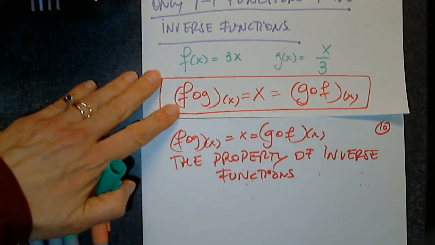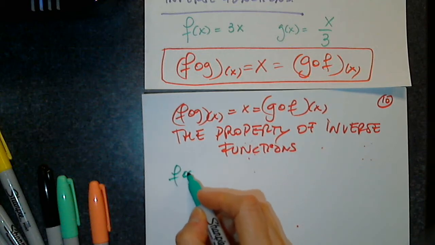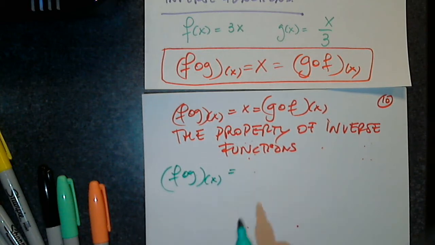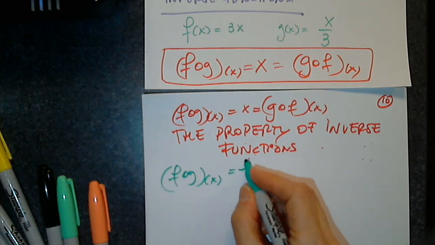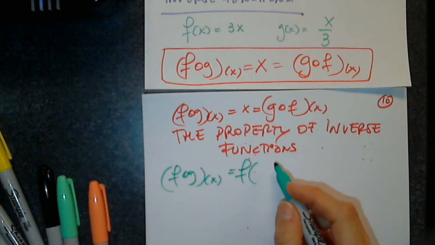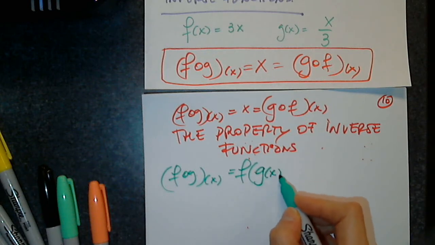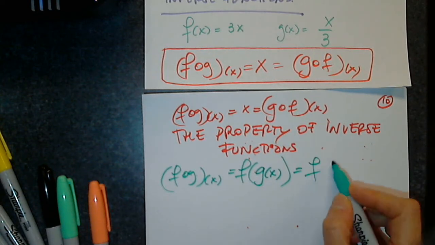Right? So let's find f composed with g. What is the definition? What do I have to write? Yes? F of? Awesome. F of g of x. F of?